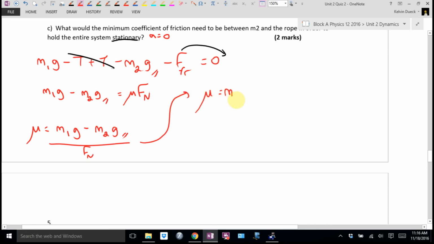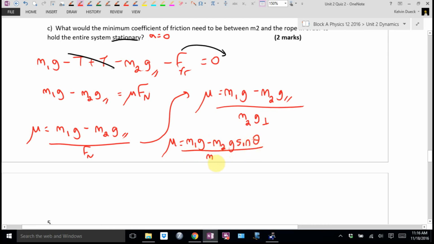Mu is going to be M1G minus M2G parallel divided by M2G perpendicular. Mu is going to be M1G minus M2G sine theta all over M2G cos theta.